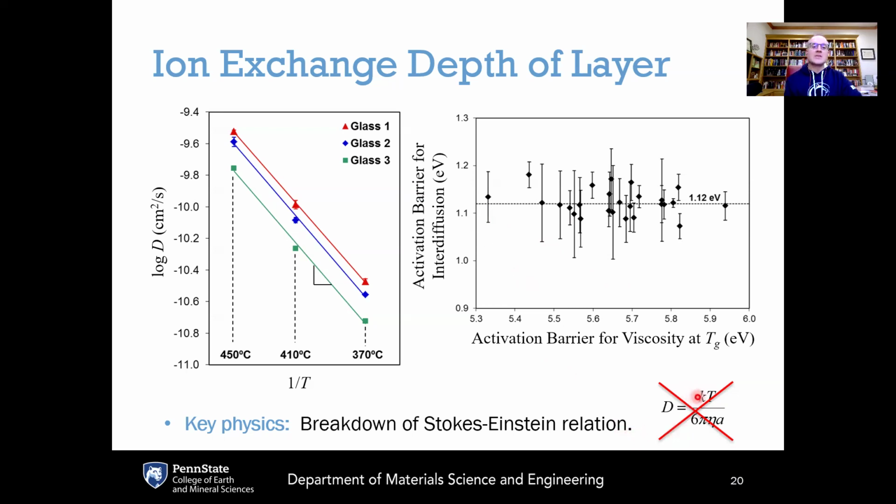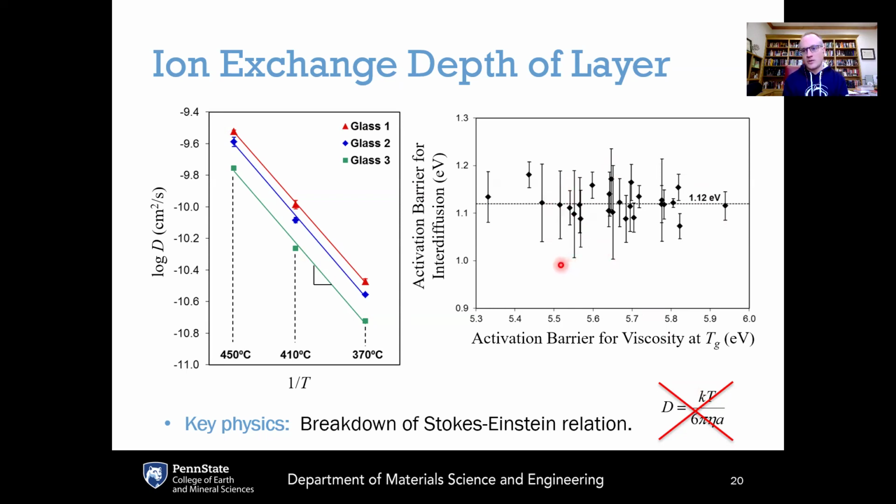And this is because the ion exchange process consists of alkali ions hopping within this glassy matrix. So the viscosity of the glass is governed by how the network of the atoms that make up the backbone of the glass structure is flowing in a cooperative fashion. But the ion exchange process is individual alkali ions hopping within that network. And so these are 2 decoupled processes as being shown here.